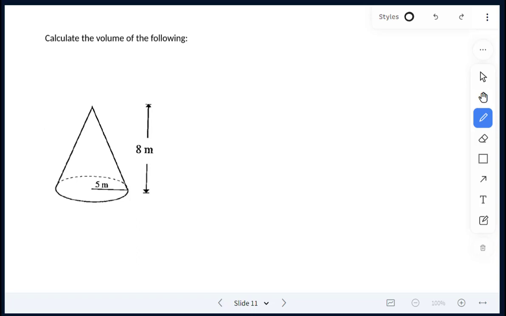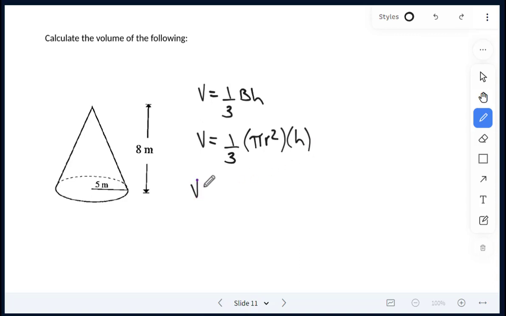Okay, so volume is 1/3 area of the base times height. Area of the base is pi r squared, and then it's multiplied by height. We use 3.14 for pi.